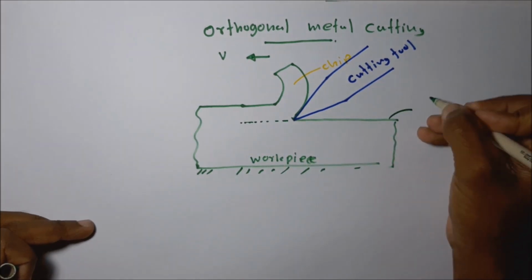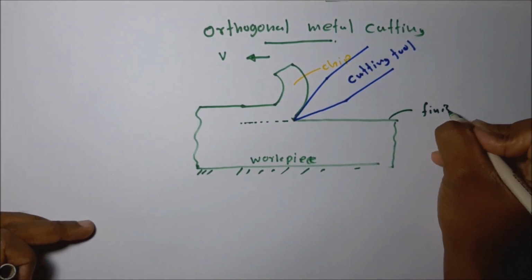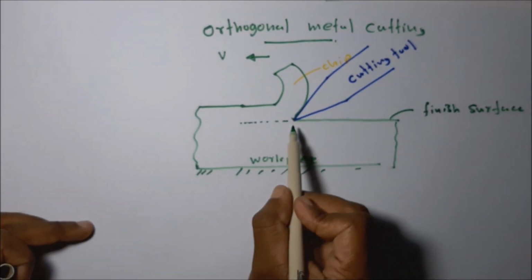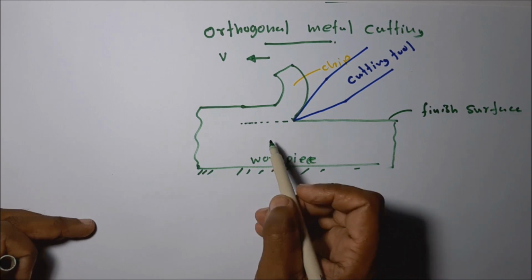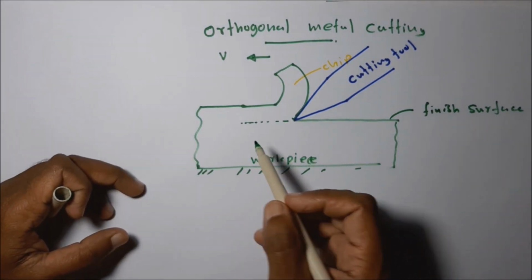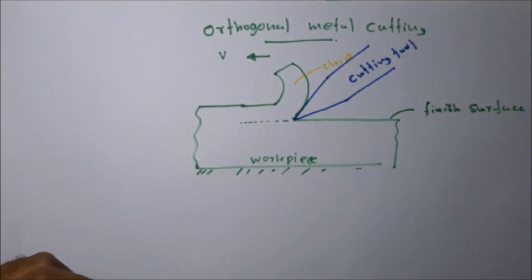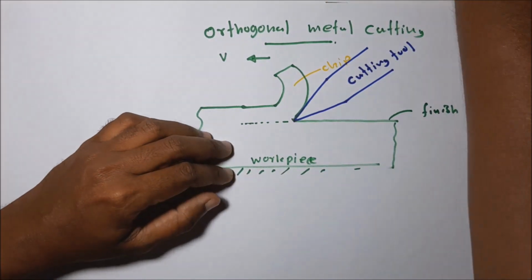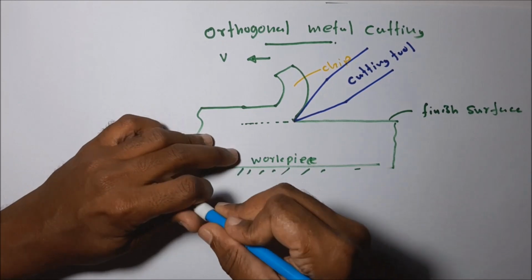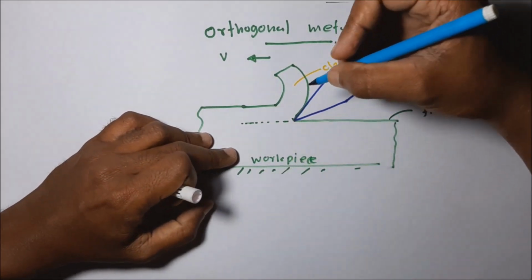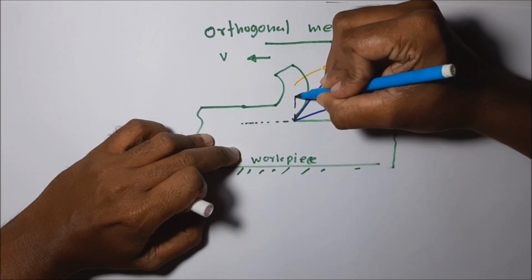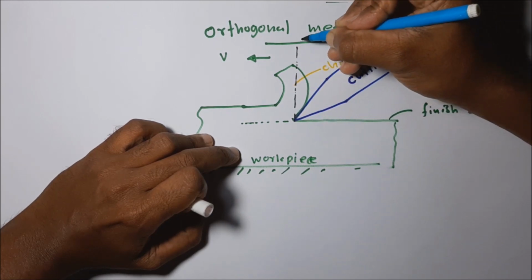This is called the finish surface, the expected finish surface after machining. Then this is the tool edge. Then I'm going to draw the perpendicular to the expected finish surface at the cutting edge. This is the perpendicular.